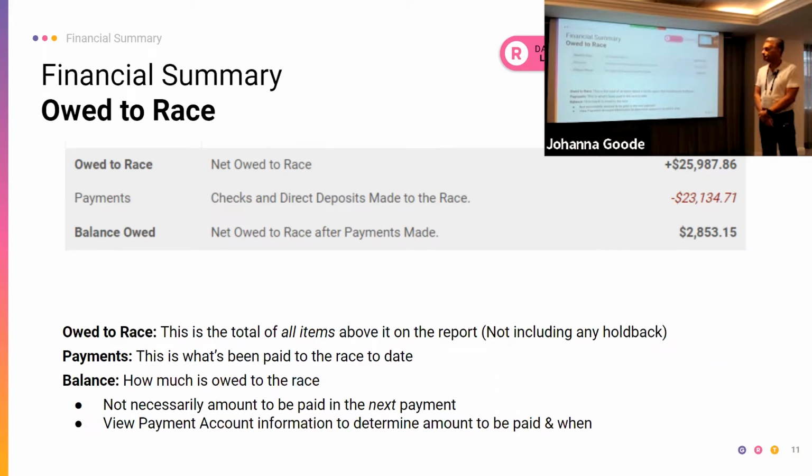So I do have a request into engineering, and once it makes it up the list, hopefully we are going to reorganize this. I'm hoping we'll show the holdback up there as a negative, but maybe add it back in at the bottom also, so that you realize you're owed that money, because that can cause race director confusion. And also leave a lot of this detail in after the race closes, because I go into a race and wonder what happened here, and you can't tell.